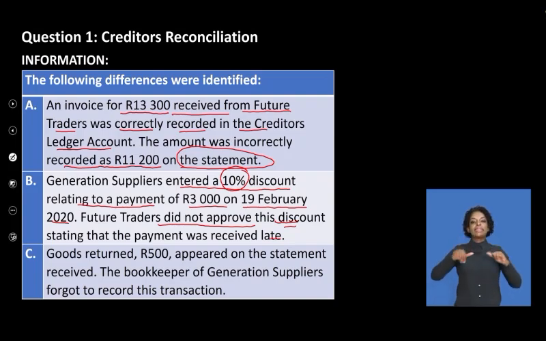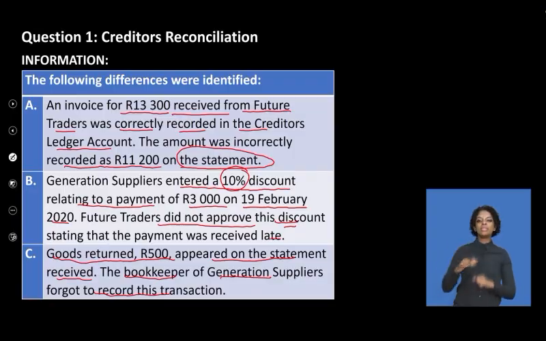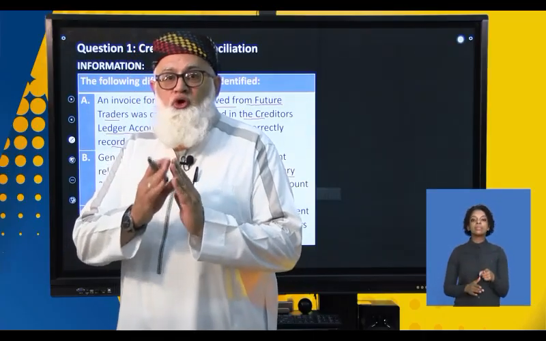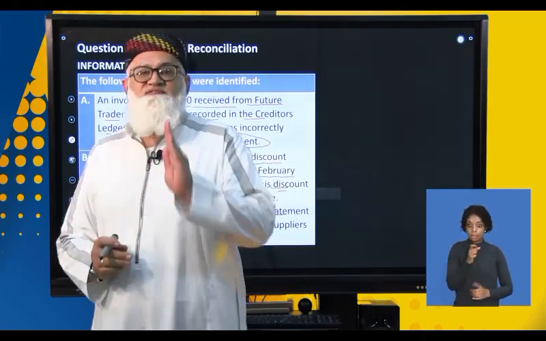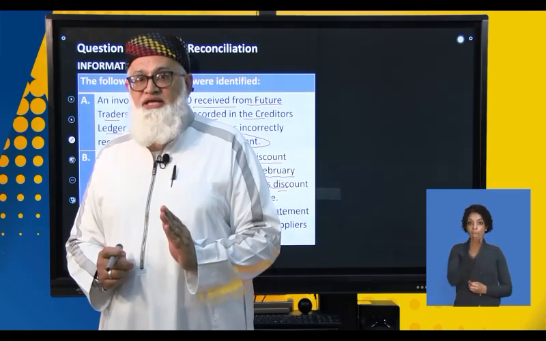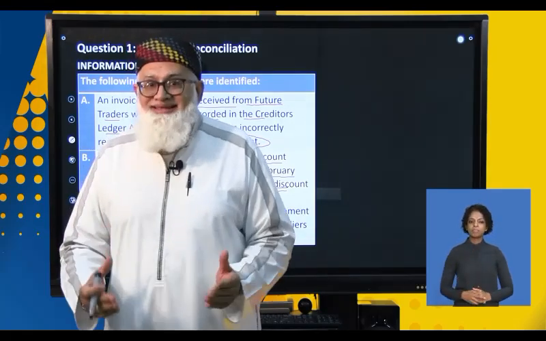The next challenge is, goods returned, 500 Rand, appeared on the statement received. The bookkeeper of Generation Suppliers forgot to record this transaction. Once again, when you come to a discrepancy, the first question that you ask yourself is, who made the error?